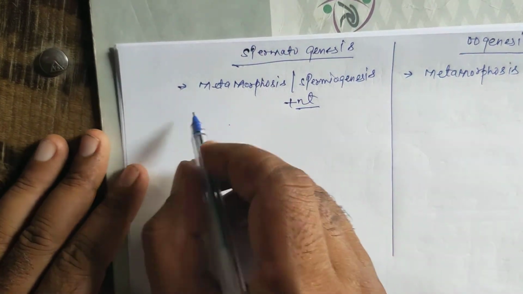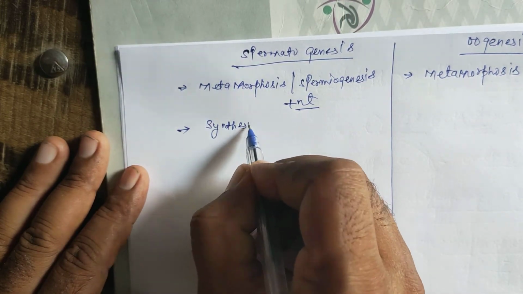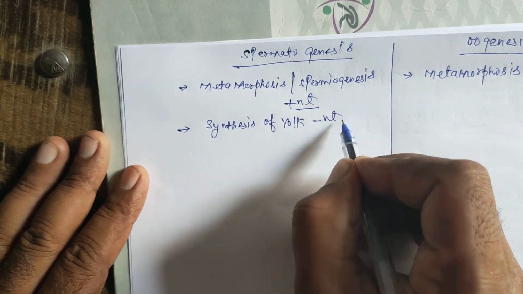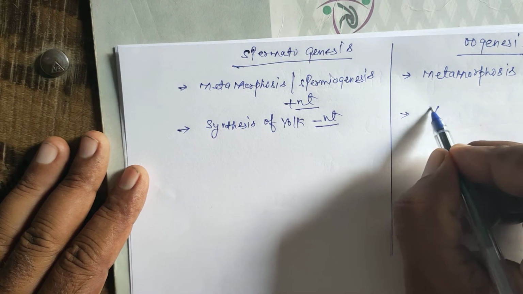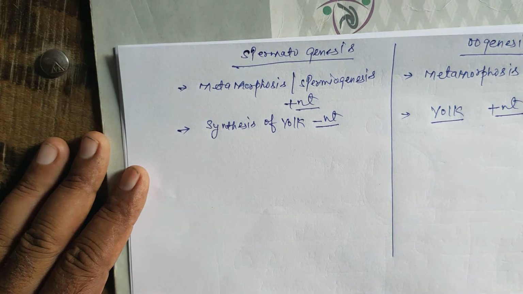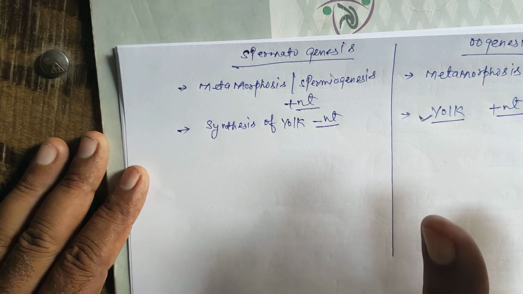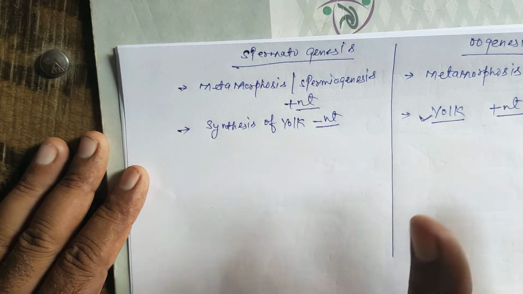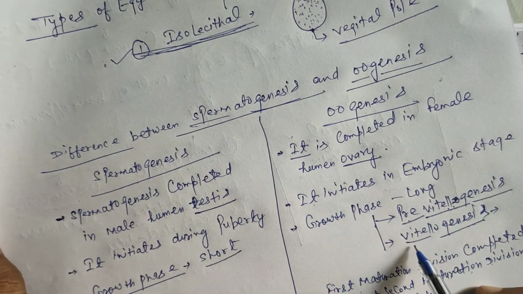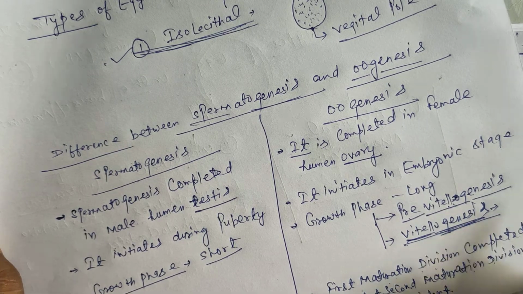Second, synthesis of yolk is absent in spermatogenesis, but in oogenesis yolk is present. Synthesis occurs in the vitellogenesis subphase. It is a phase of the growth phase. Synthesis of yolk is vitellogenesis. Vitello means yolk, genesis means formation.